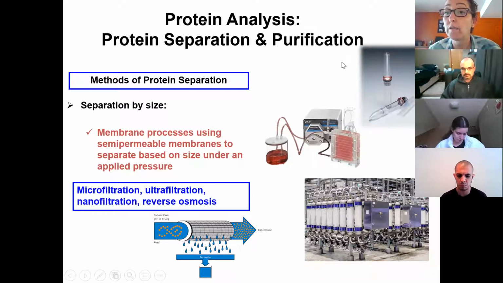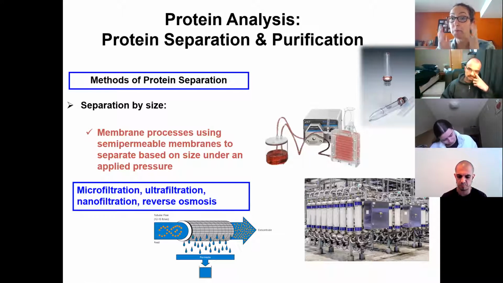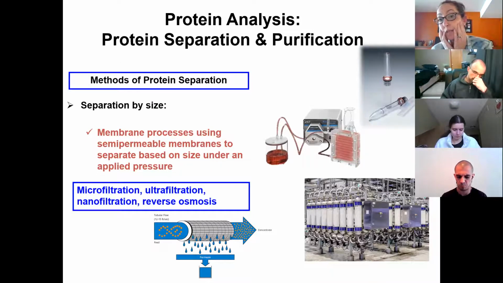You can do that on a very small scale, or we can do it on a little bit larger scale. We have something similar in the lab where we use this especially when we separate using salt. We apply a little bit of pressure and we use membranes, and your solution goes through, with a pump that pumps the liquid in, and then you get permeates, which are smaller than the cutoff of the membrane, 3.5 kilodalton, let's say, or 3,000 dalton.